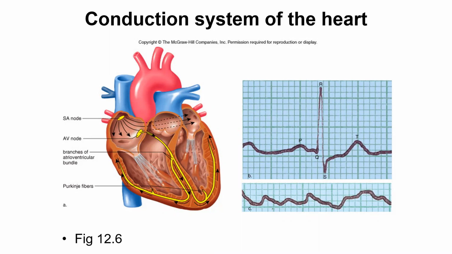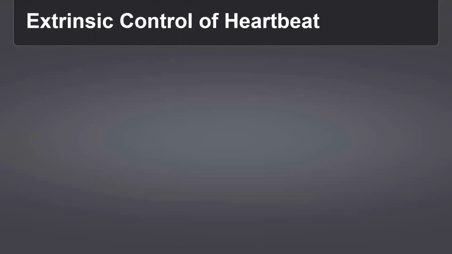We're now going to get to what's called the extrinsic control of the heart, and then we will get back to this diagram on the right, which is called the EKG. So we've talked about intrinsic control of the heart, and that can absolutely be a 6-mark question, folks.